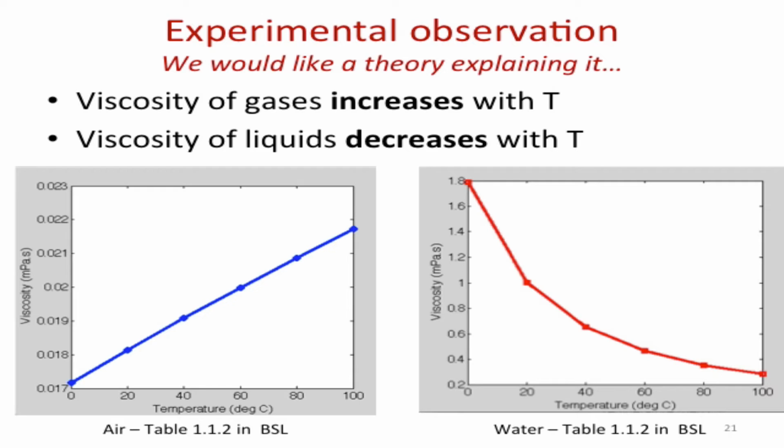A good theory that would unify both would explain both of these. Theory means that I have some formula that, given other measurements, temperature being one of them, gives the explanation. This is for water. At 20 degrees, this is our favorite number of 1 centipoise, which is millipascal seconds. But it's higher at 0, and it decreases by nearly 5 times.